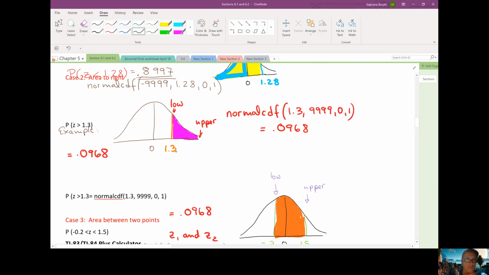The shading starts at 1.3 here. And then our upper limit would be the positive infinity, aka 9,999. So what color is this? Magenta? Magenta color here, 1.3 to 9,999. Then the mean and the standard deviation, enter, off you go.